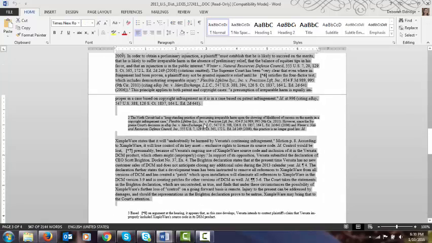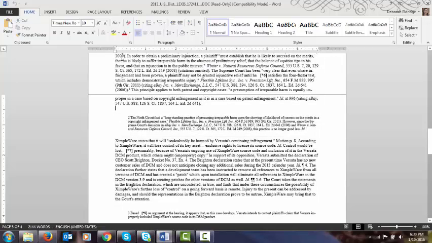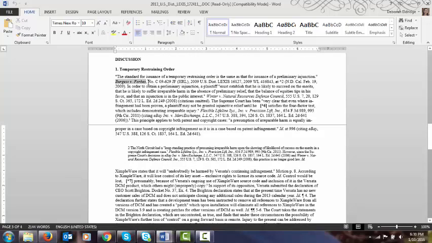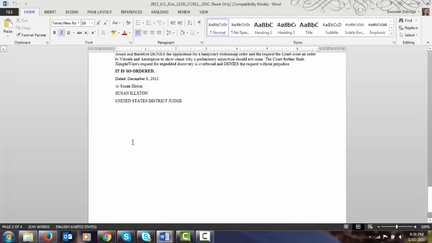Okay, and mixed in here is the law, so pay attention to when the court looks at a case and says pursuant to X case, or refers to a case when it's talking about the law in general itself, and then you have the case showing after it. Okay, so pay attention to those things.